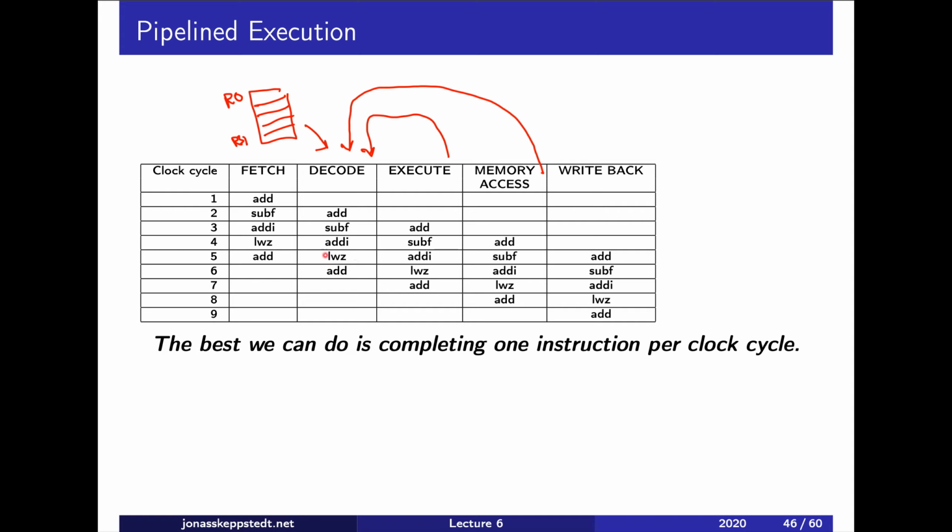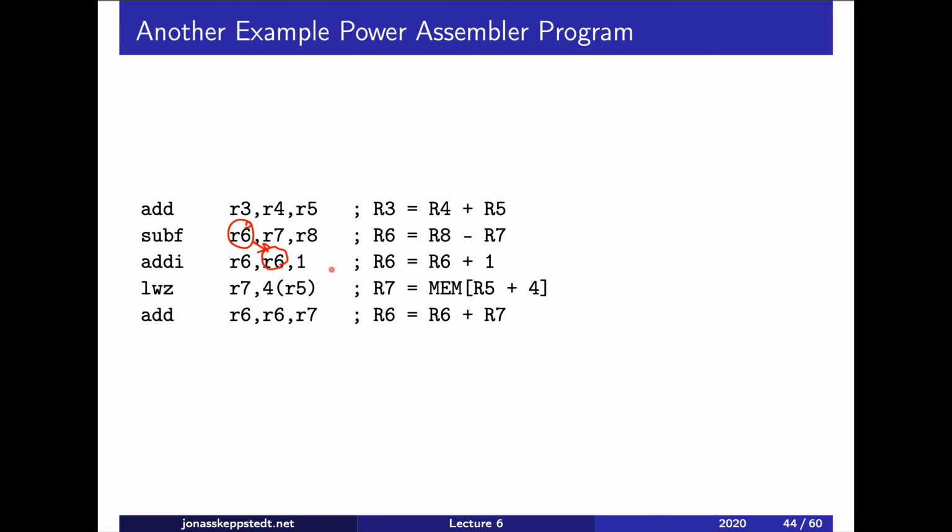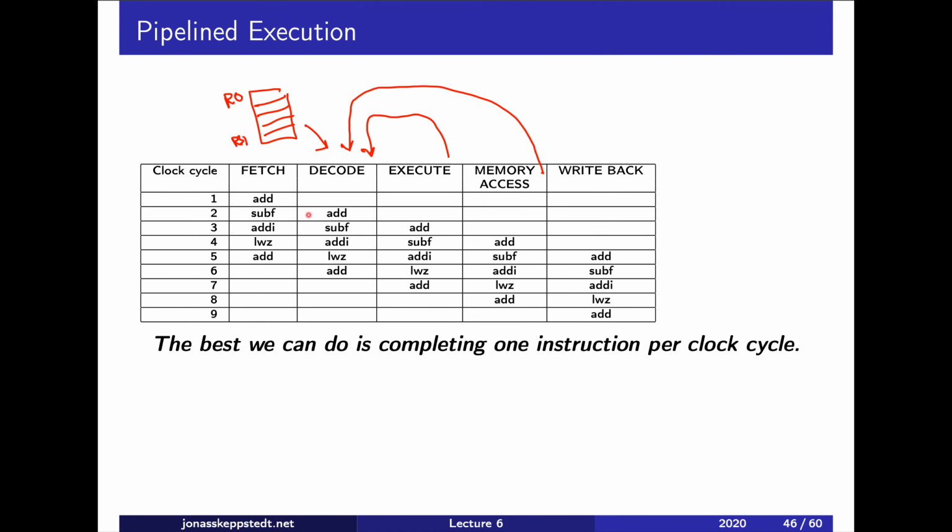Okay, so let's look at the last instruction. It reads R6. No, R7. Well, it reads R6, and where does that come from? This add wants R6 and R7. When the add wants R6, it can get it from here.